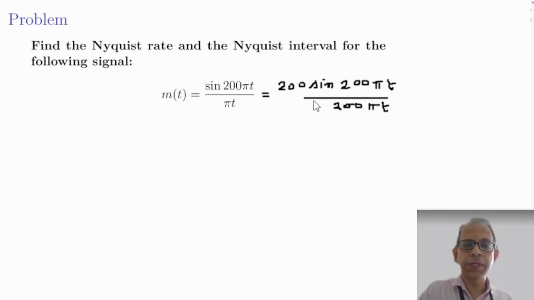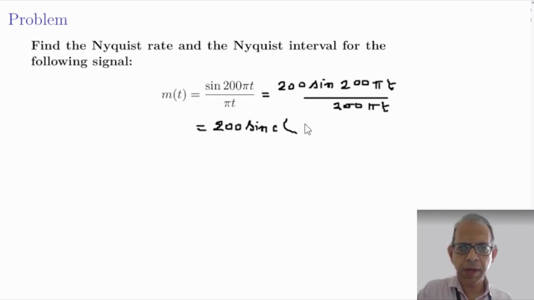So now this is a sinc function, and we can write it as 200 sinc 200t, and it is of the form b sinc bt.